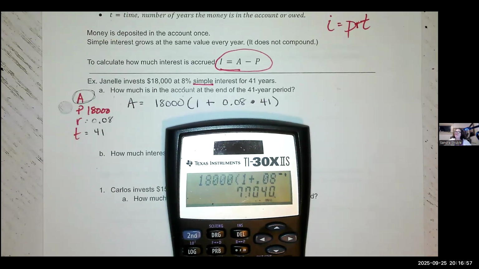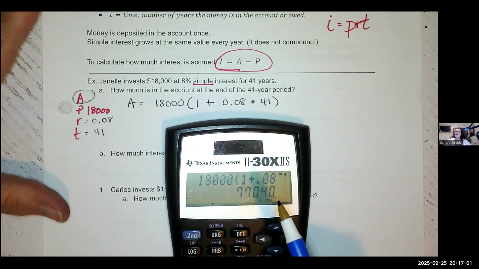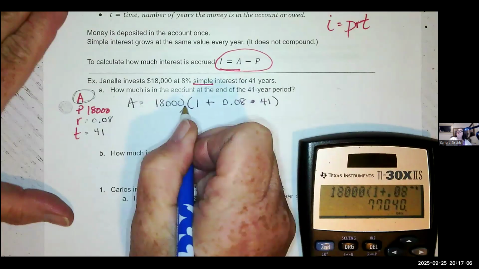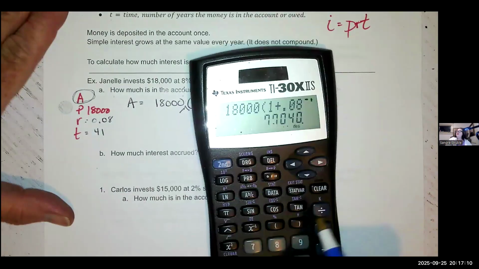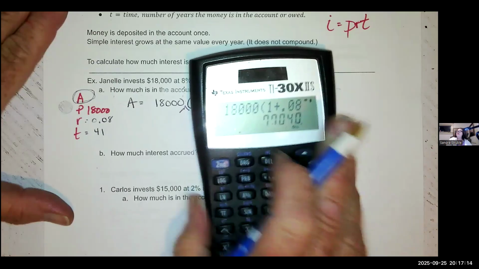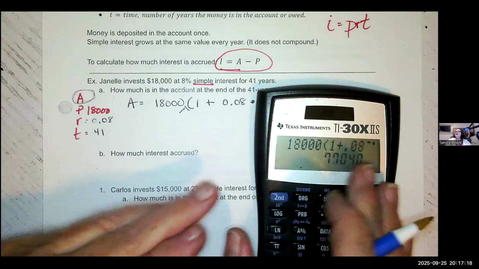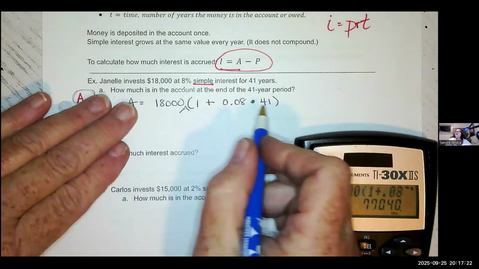If you didn't get that, look to see if you're using a TI-30XA. If you are, then you might have to hit your multiplication key between the 18,000 and the parenthesis. The TI-30XA requires that. Otherwise, if you're using your phone, a TI-30X2S, or a graphing calculator, they will all be able to take it exactly as it is.